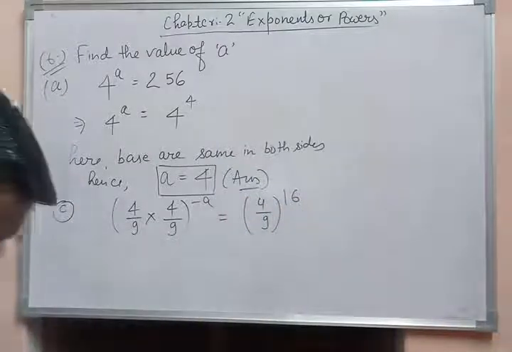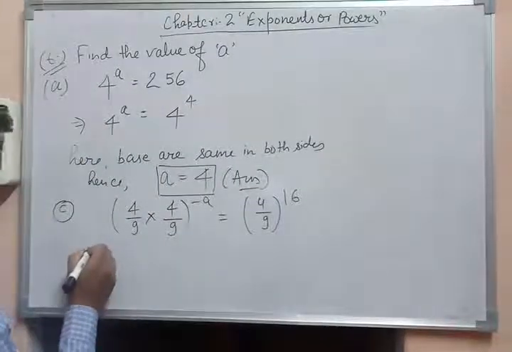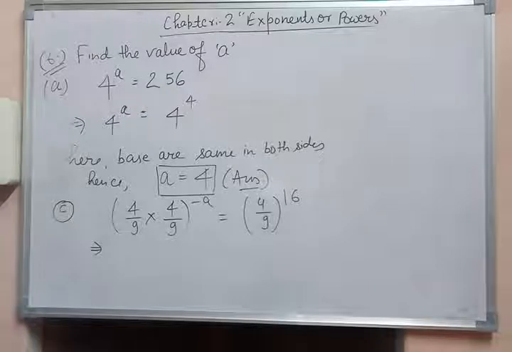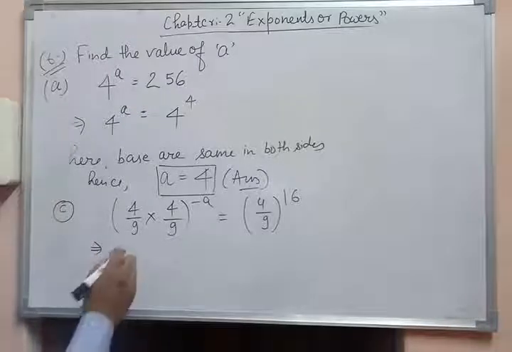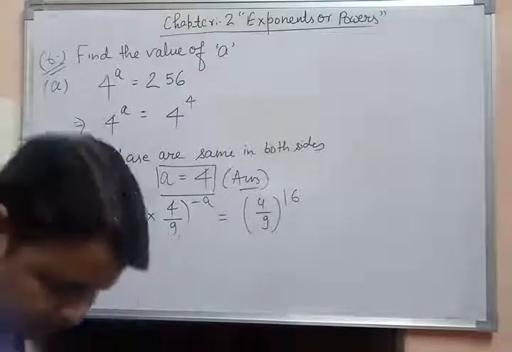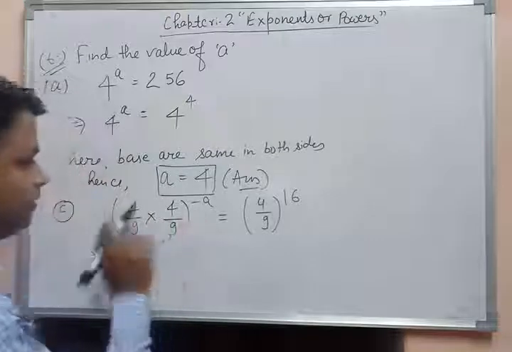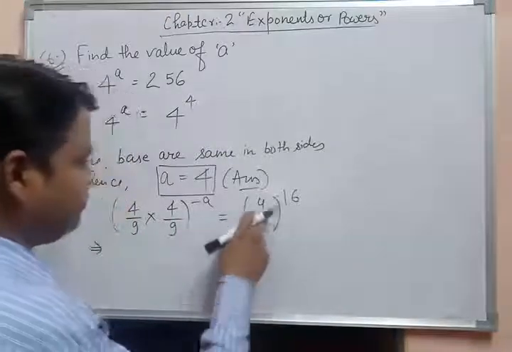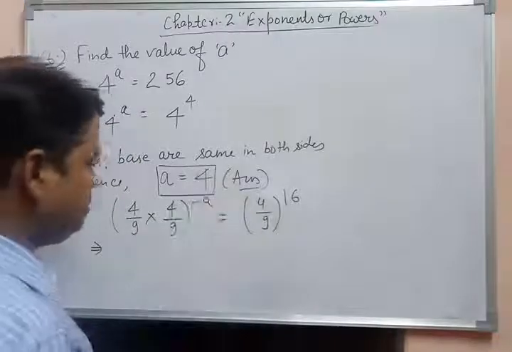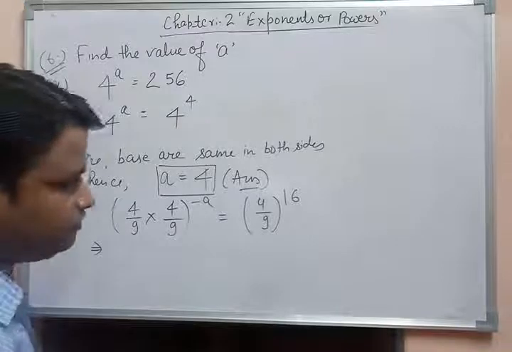So students, first of all you have to write this question as 4 upon 9 to the power a into 4 upon 9 to the power minus a, and it is given that this side is 4 upon 9 to the power 16. So which law of exponents do you have to apply?